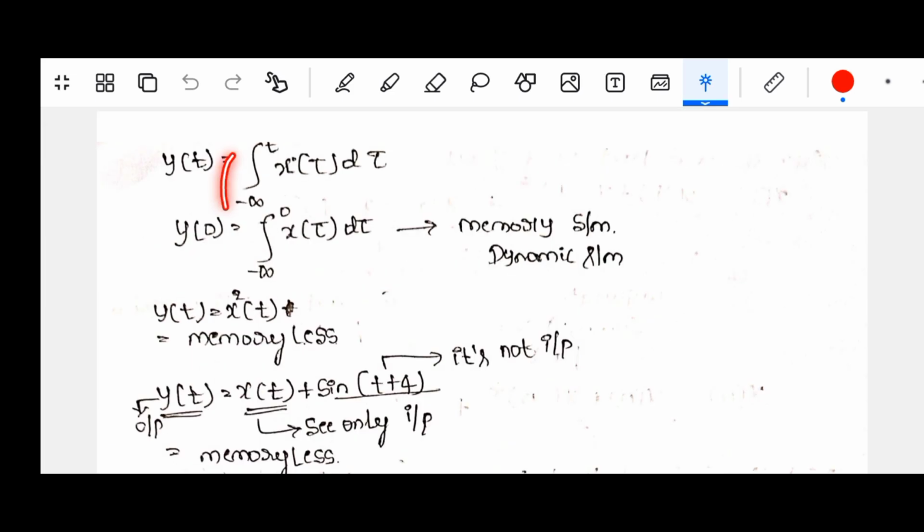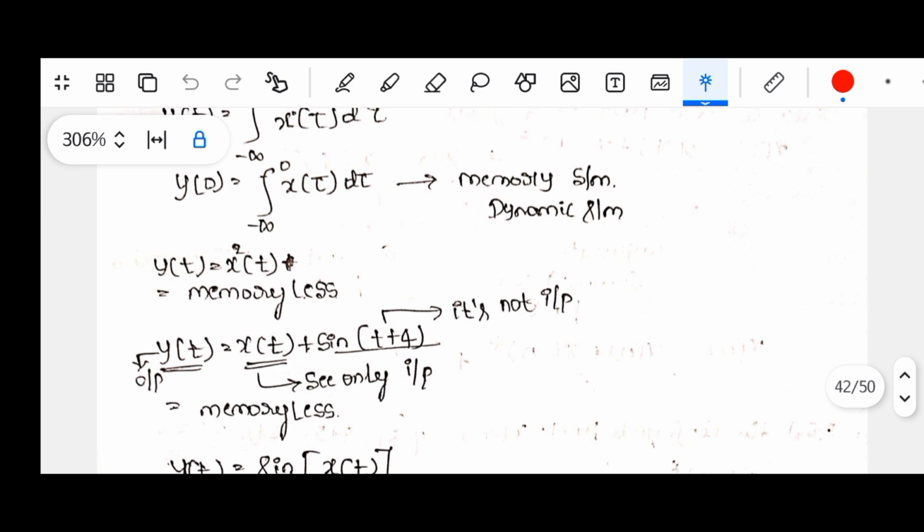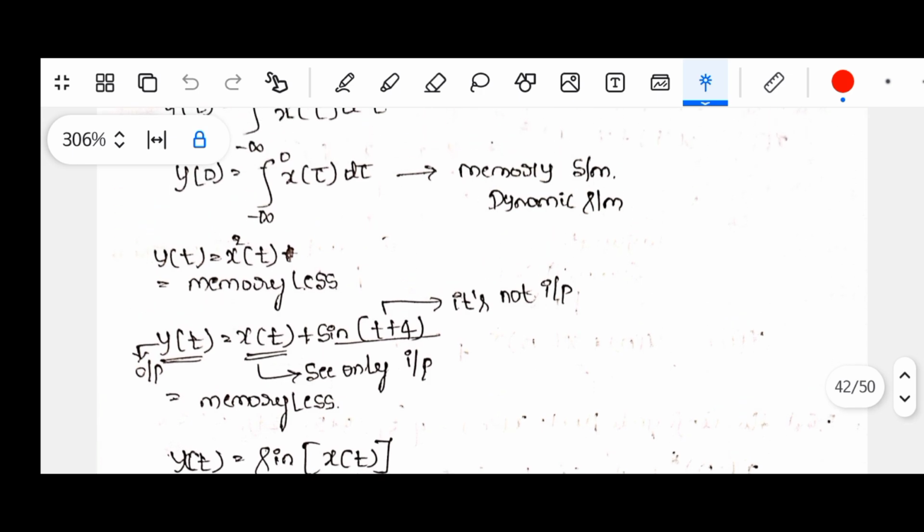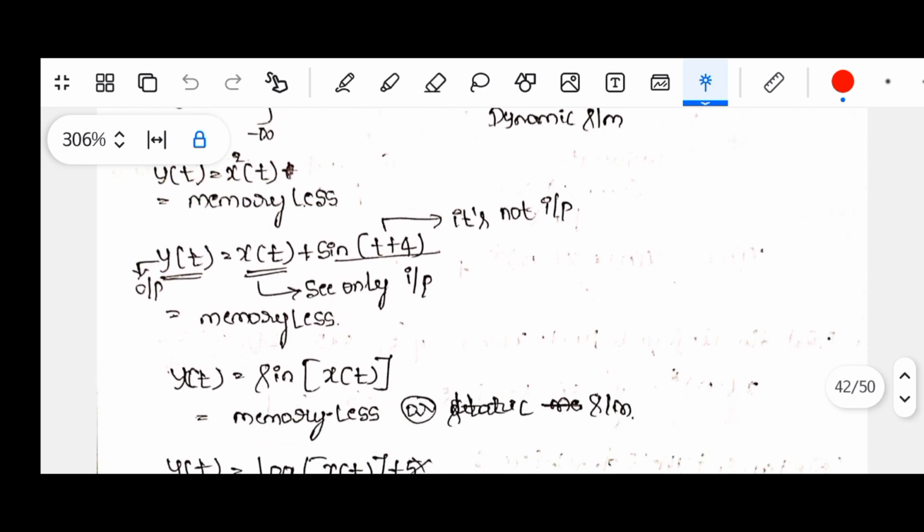Y of t is equal to integration from minus infinity to t of x of tau d tau. At 0, it will be minus infinity to 0 of x of tau d tau. It is a memory system. Y of t is equal to x square of t: it is a memoryless system. Y of t is equal to x of t plus sin of t plus 4.